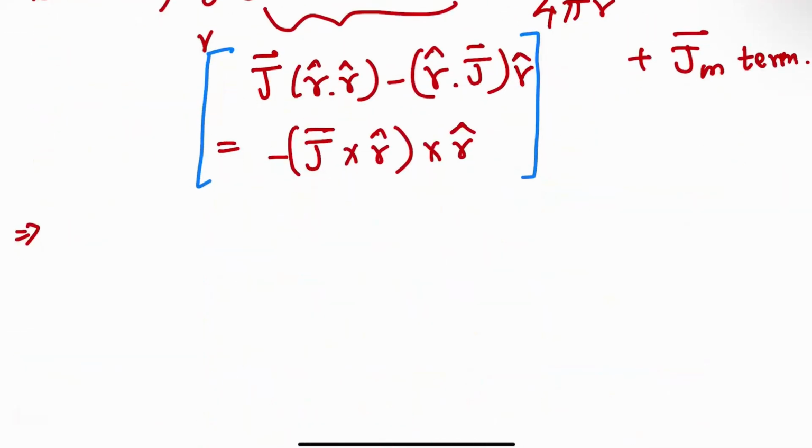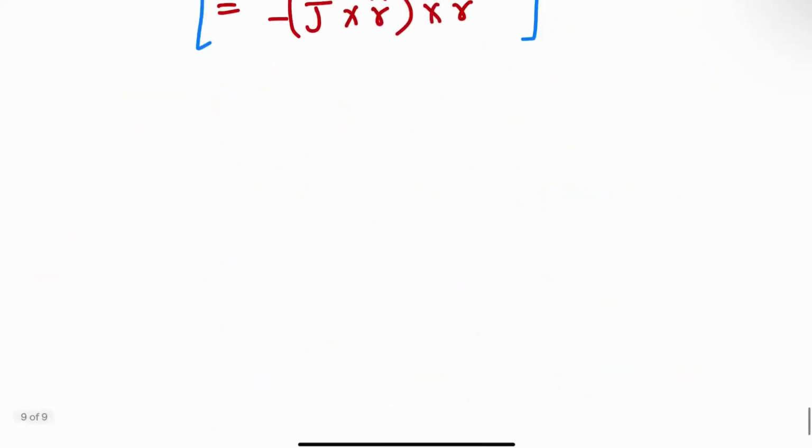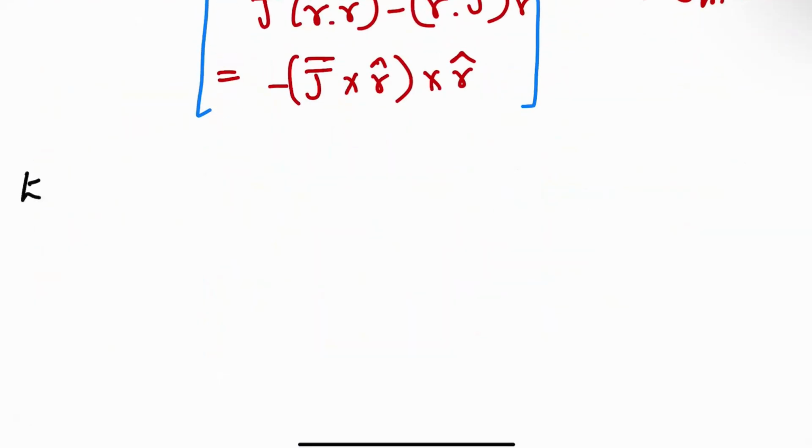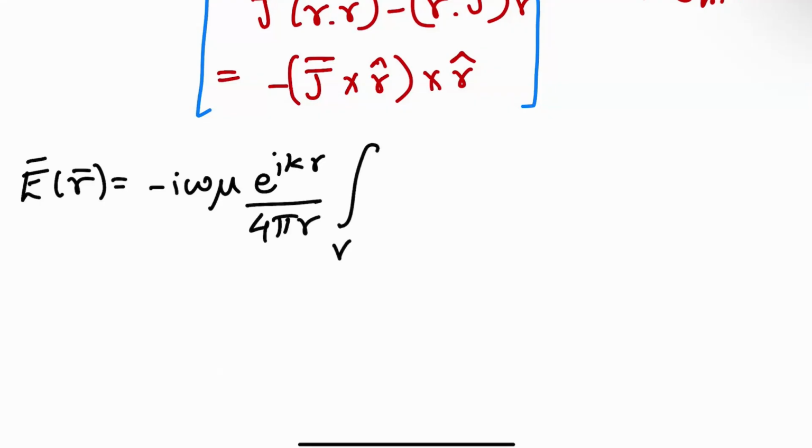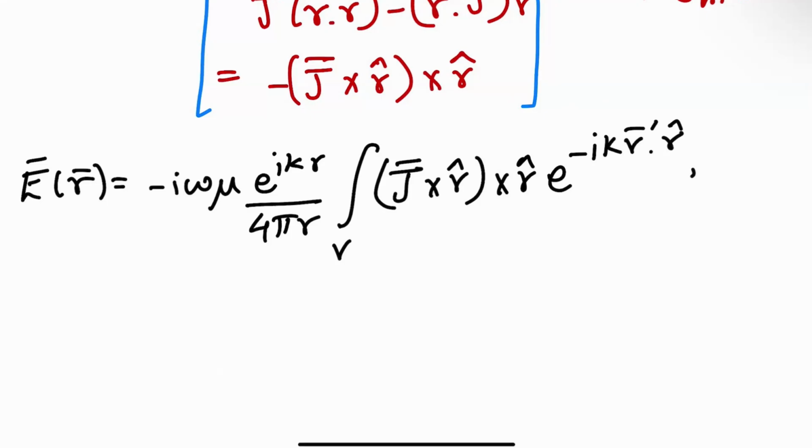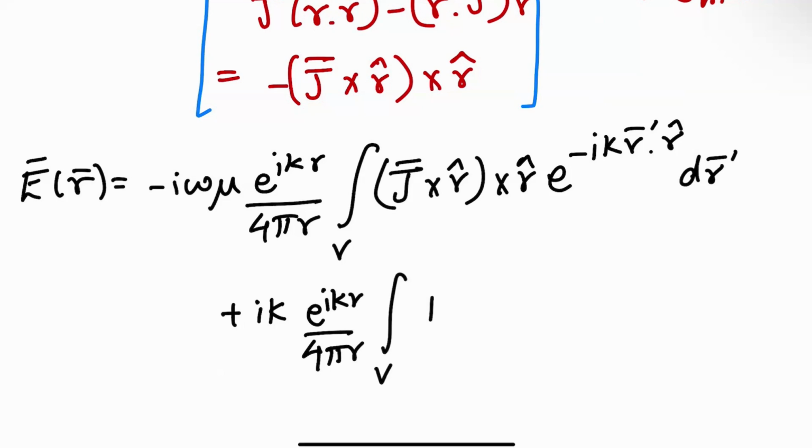If you write it out fully, we get E of r becomes minus i omega mu e to the ikr over 4 pi r, volume integral J cross r hat cross r hat, e to the minus ik r prime dot r hat dr prime, plus ik e to the ikr over 4 pi r, volume integral Jm cross r hat dr prime.